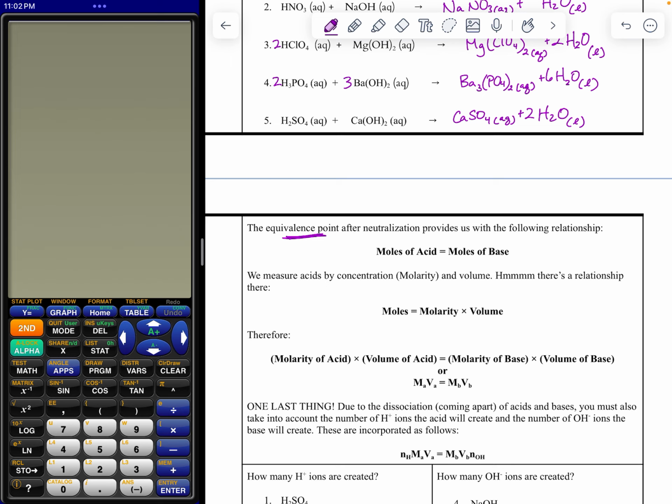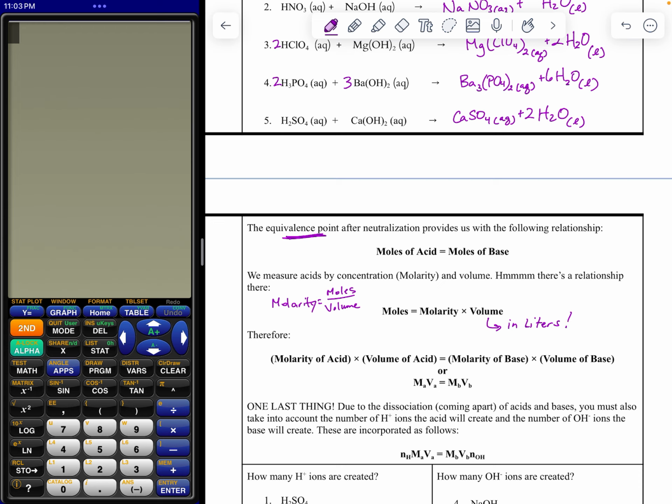And because we're talking about concentrations and amounts of liquids that we use volume to measure, we actually have this relationship from one of our earlier units where molarity, which is the concentration, is equal to the moles of a substance divided by the volume, right? Noting that the volume is in liters, right?